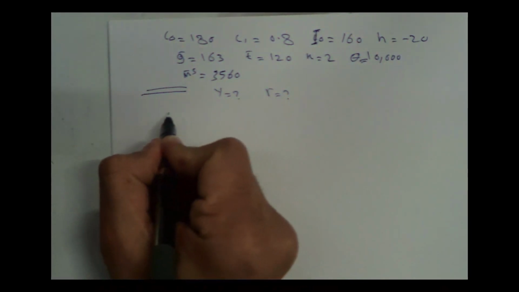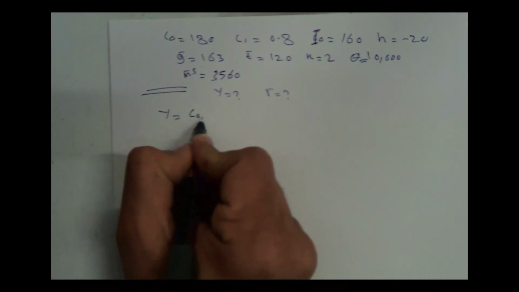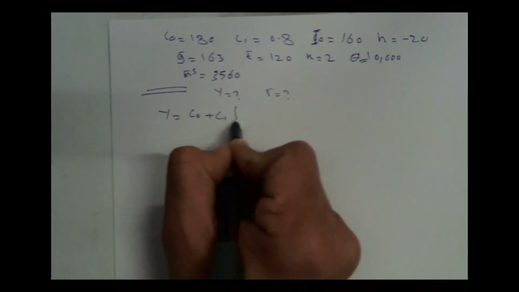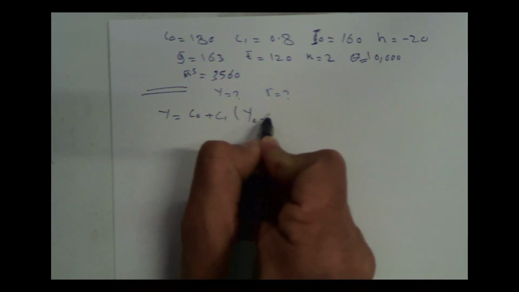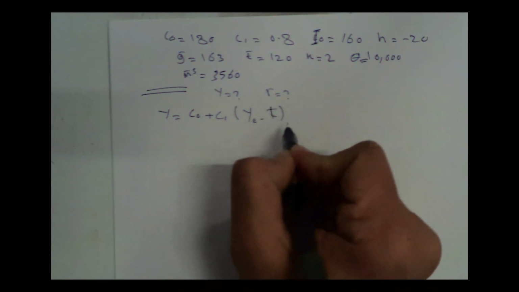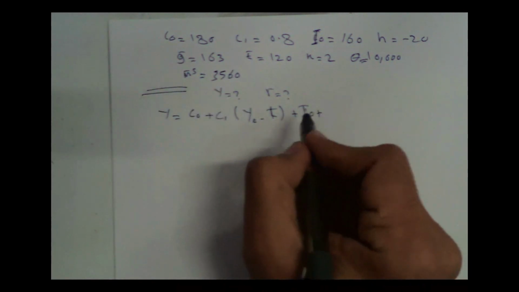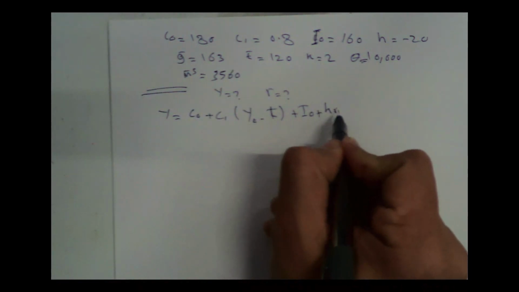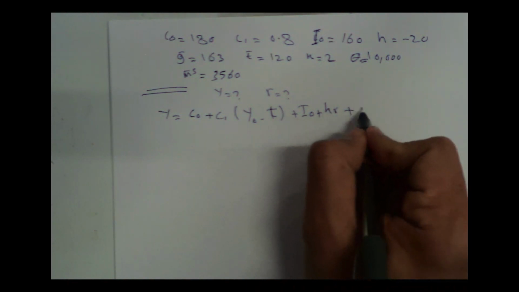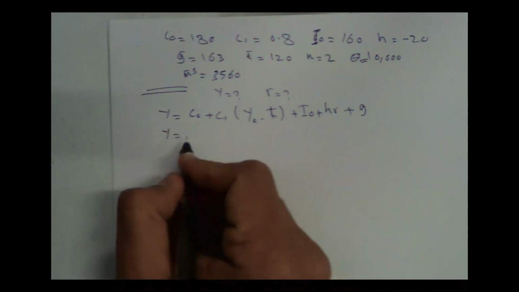So we know that Y should equal C0 plus C1 times disposable income, which is Y minus T, plus investment, which is the investment function, plus G. I'm just going to ignore the subscripts now to make it easier.